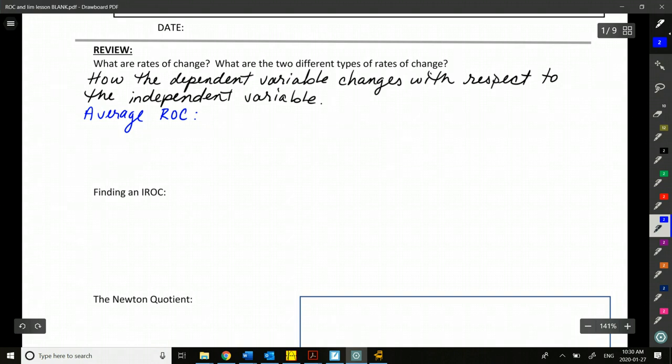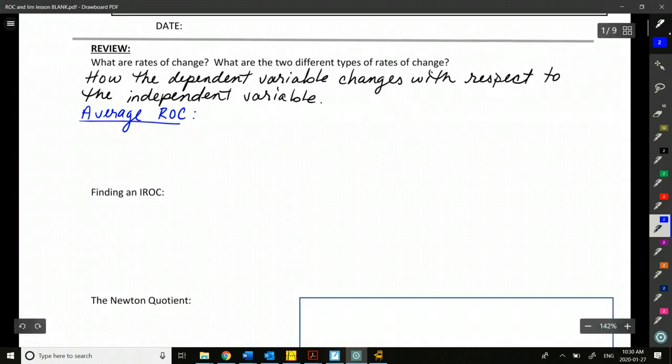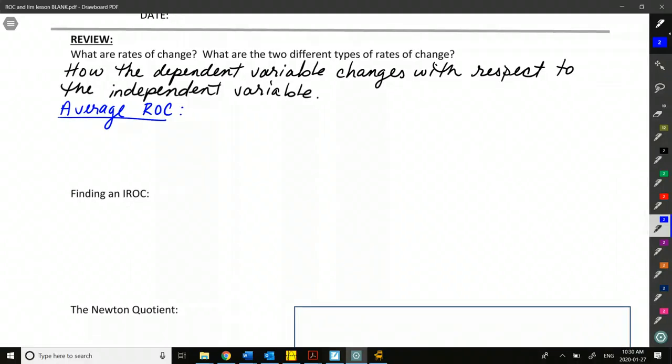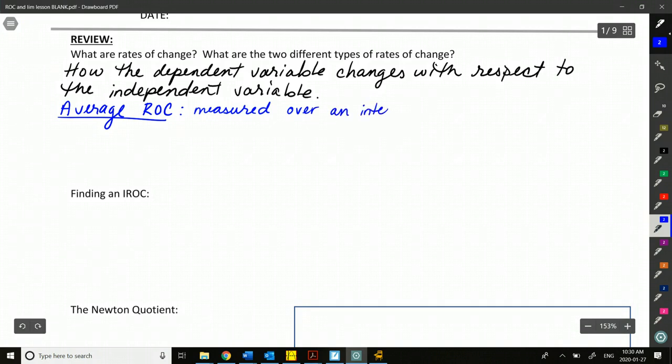Okay, I'm just going to use ROC for rate of change. So average rate of change is going to be over an interval of time. So it measures over an interval. We use the notation delta y over delta x for average rate of change, and we're measuring the slope of a secant line.